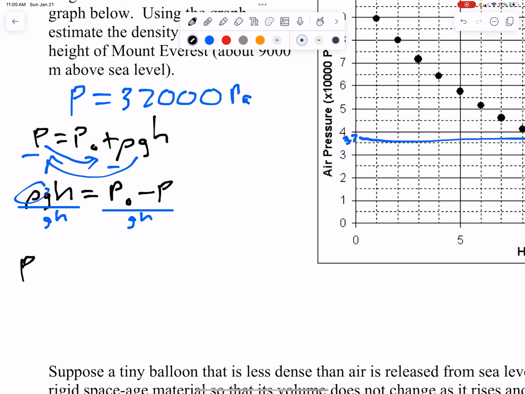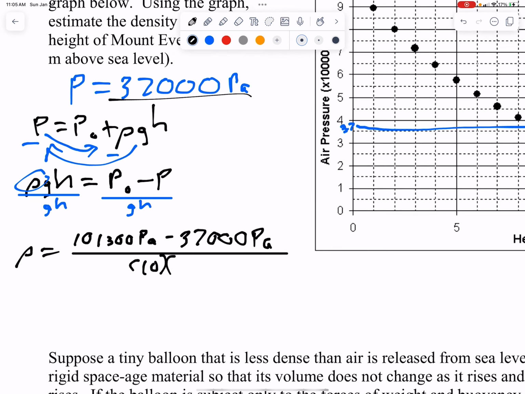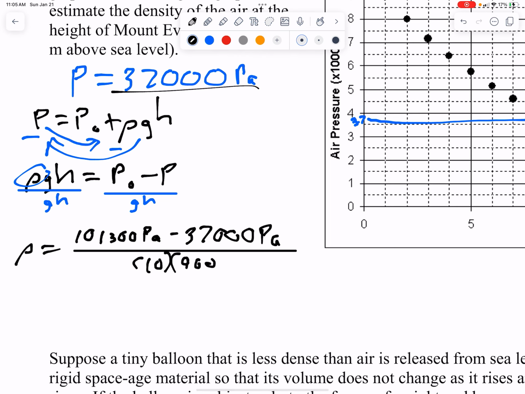So the density of the fluid, rho, you've got the atmospheric pressure, which is 101,300 pascals, minus what we just got here, 37,000. That's a 7, by the way, not a 2. 37,000 pascals, and divide that by g, which is 10, times the height, which, remember, was about 9,000 meters.